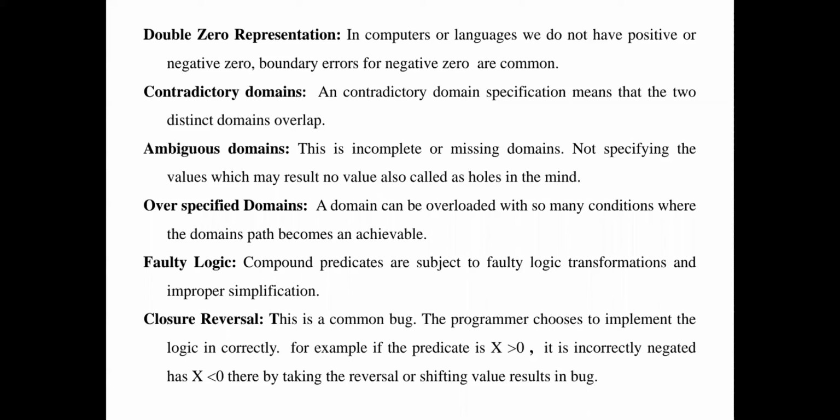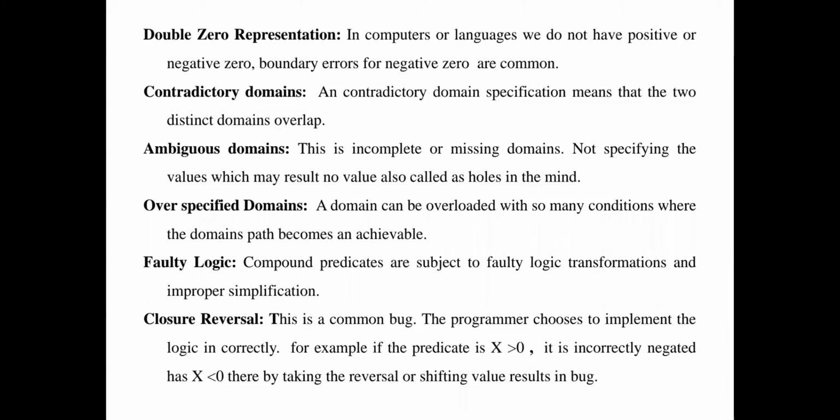This comes under a bug here. Generally, a computer does not have a positive or negative zero. Boundary errors of negative zero are found. Generally, according to the negative zero only, the bug will arise. That bug is called the double zero representation bug. When you are representing a zero or a negative zero, then the bug will arise. That is the first bug assumption.